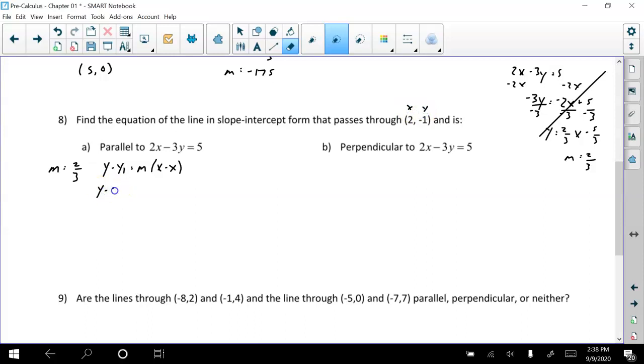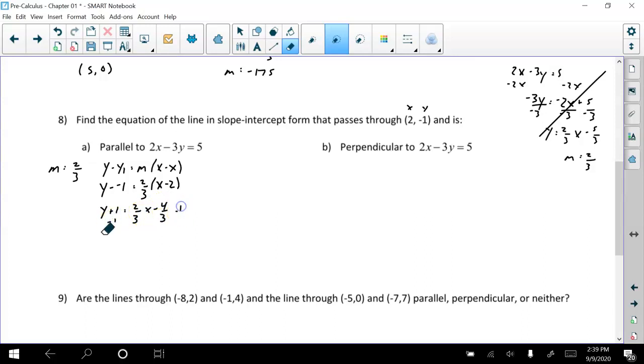Y minus negative 1 equals 2/3 times x minus 2. So you get y plus 1 equals, and distribute, you get 2/3 x minus 4/3.